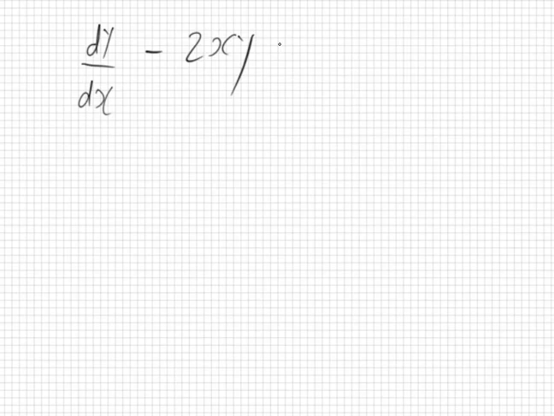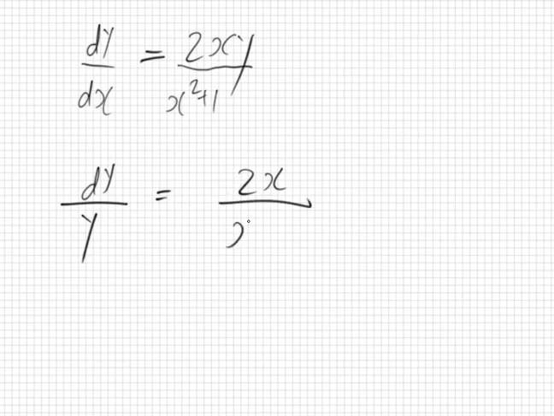dy over dx minus 2xy over x squared plus 1 equals 0. Alright, so if it equals 0, then we bring that to the other side and we get them equal like that. Cross multiplying, we get dy over y equals 2x over x squared plus 1 dx.